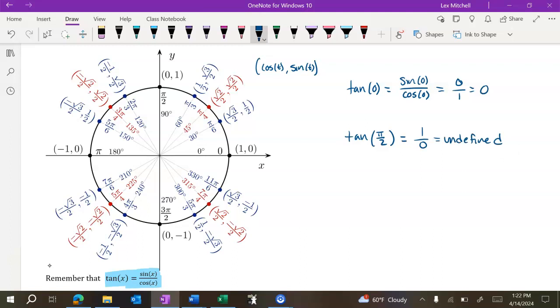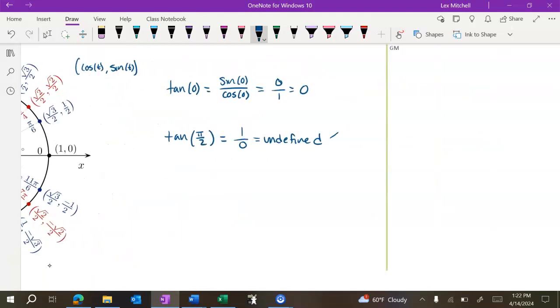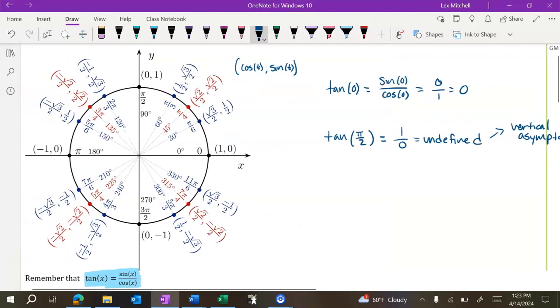And if you remember from when we graphed rationals, when you are undefined, that is going to be a vertical asymptote. So this is definitely going to look very different from sine and cosine because there's going to be a vertical asymptote here.